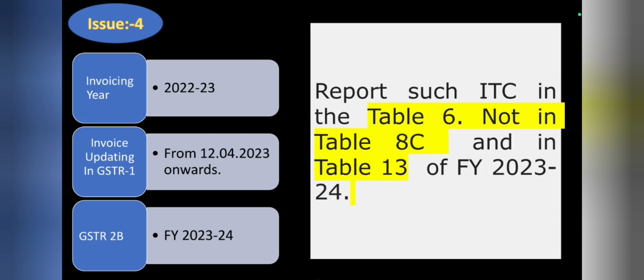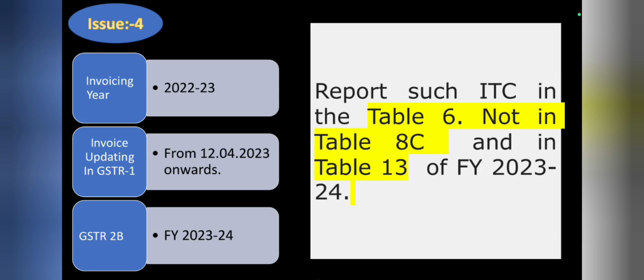As we discussed earlier in issue number 1, for March 24, if the supplier has amended their GSTR 1 after the due date of GSTR 1, it will be reflected in the next year. The same applies to the previous year also. If the invoices are updated by the supplier in their GSTR 1 after the due date of March 23, then they will come in the GSTR 2B of the financial year 23-24.